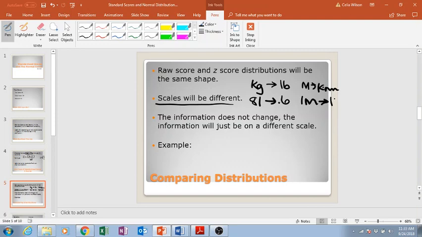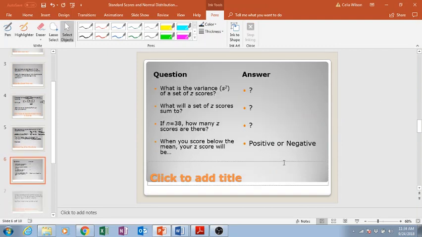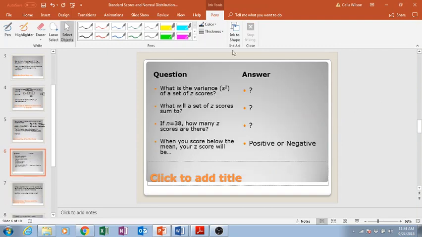Well, that's the 1,500 or 1,600 meters, not the 1 mile. Okay? So we're not changing the information, we're just simply converting it to a different metric. So again, the information does not change, it's just on a different scale. Okay, and I've already given you a few examples there. So let's think about these questions.